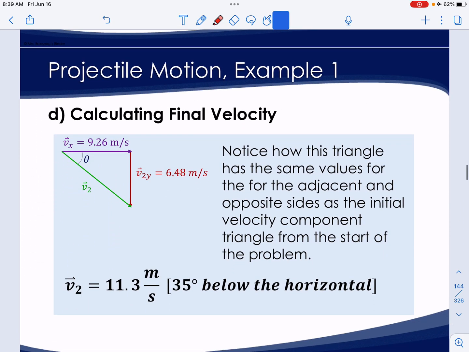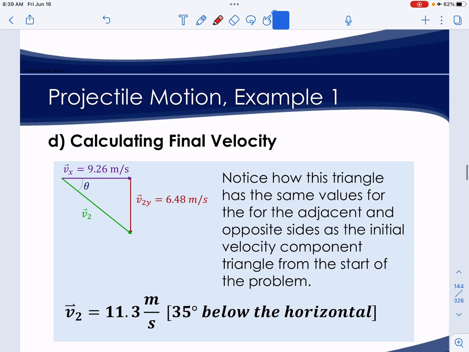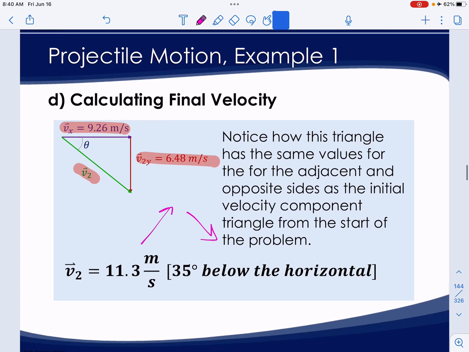We know our Vx stays the same, and our Vy is the same, only in the negative direction. So our V2 is going to be the same, but instead of going above horizontal, it's going to be going below horizontal.